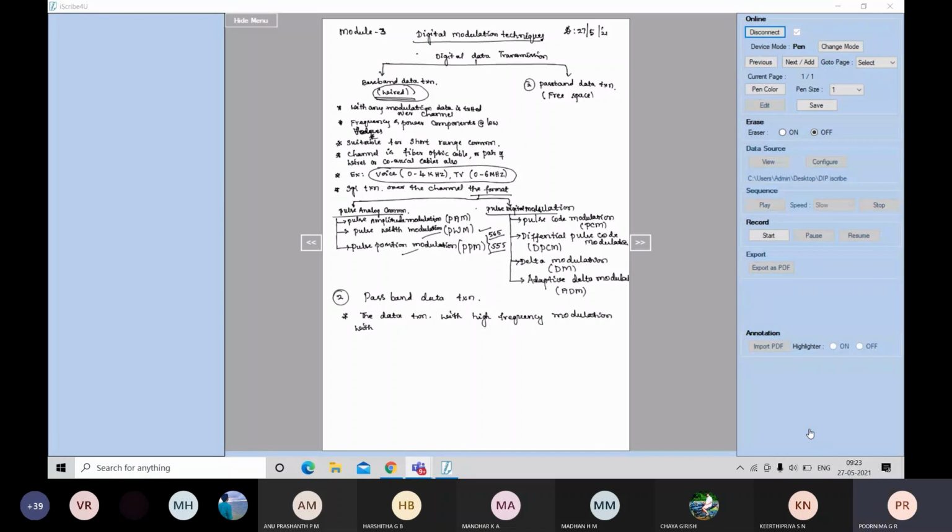Yeah, first difference, that is counterpart of it. There no modulation, whereas here the digital data transmitted with a high carrier frequency, that is the carrier frequency, we will be adding and modulating the signal and we are going to transmit.